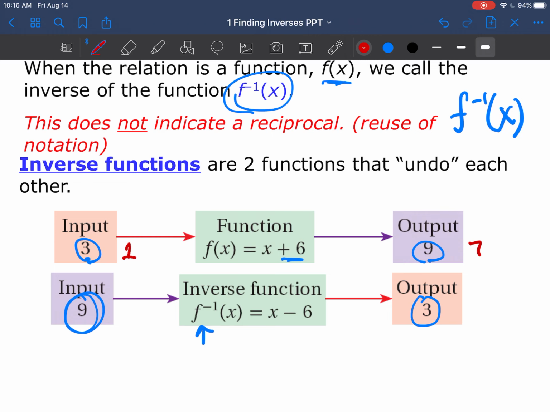And so the inverse function, we talked about that being the undo function, it would take 7 right back to 1. And so if the original function is adding 6, our inverse function would have to take away the 6 in order to take our outputs back to the original inputs.